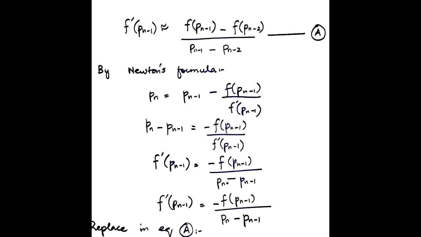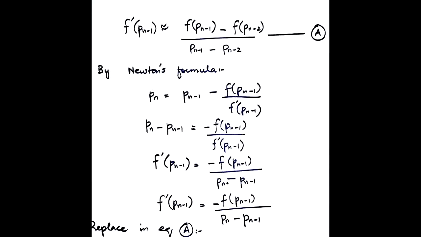If I want to write this in terms of the derivative f'(Pn-1), I shift Pn-1 to the left, so Pn minus Pn-1 equals minus f(Pn-1) divided by f'(Pn-1). Then I cross multiply to get the derivative: f'(Pn-1) equals minus f(Pn-1) divided by Pn minus Pn-1.